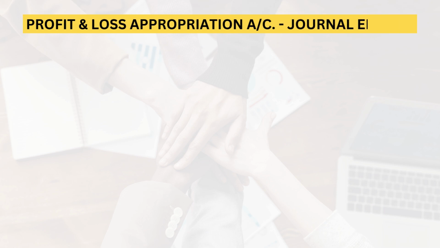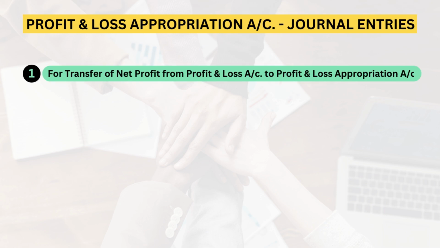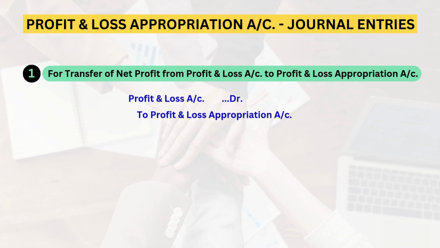Now take a look into the journal entries for profit and loss appropriation account. For transfer of net profit from profit and loss account to profit and loss appropriation account, journal will be profit and loss account debit to profit and loss appropriation account.